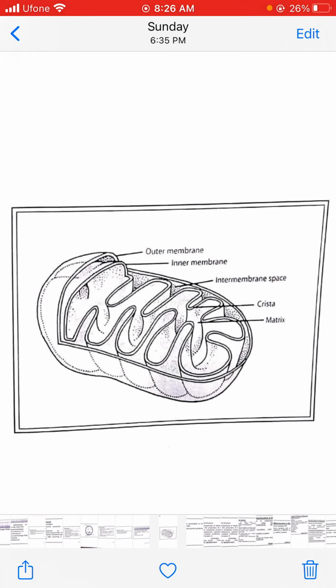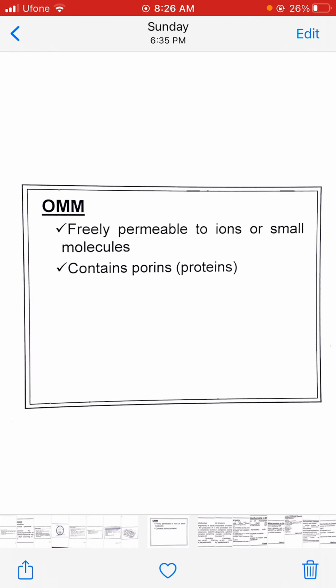The cristae are there for folding purposes, and the space provided by the cristae allows different energy pathways to take place.